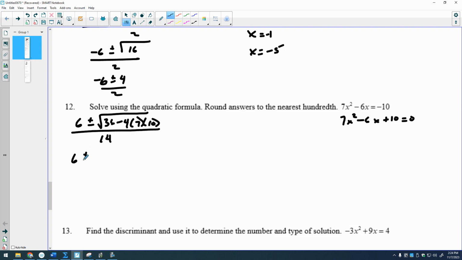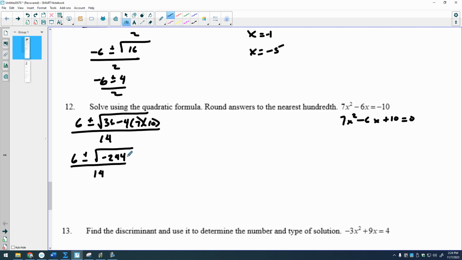So on top I get 6 plus or minus the square root of negative 244, all over 14.